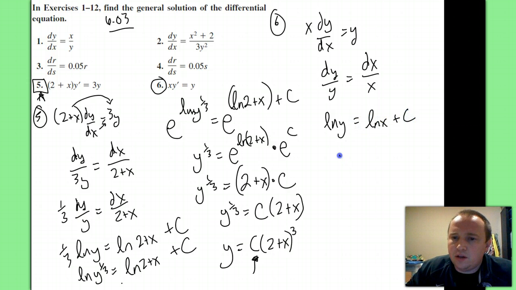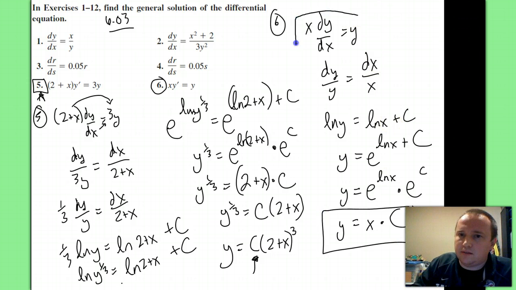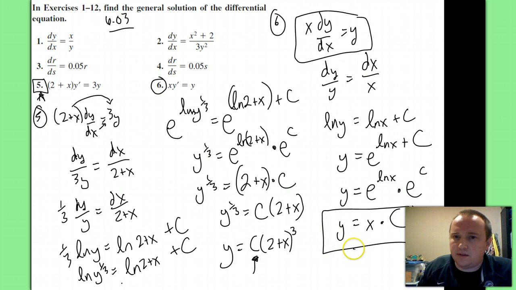So I exponentiate, I get e to the natural log of y equals e to the natural log of x plus c. So I have y equals e to the natural log of x times e to the c. So I have y equals x times c. And that makes sense if you were to go back to this and think about how that looks. Just throwing it out there.